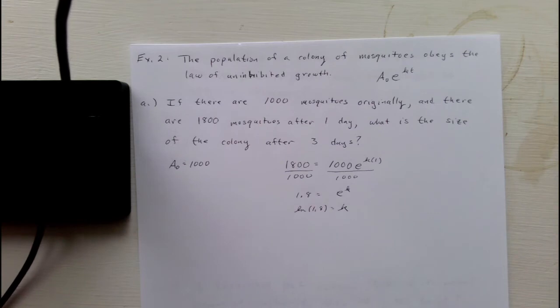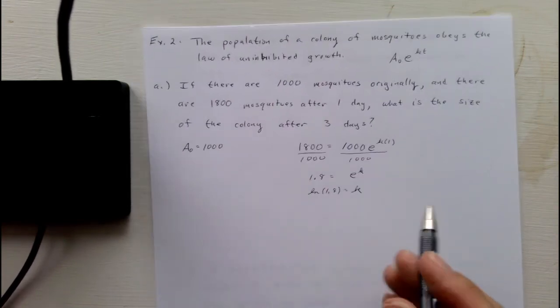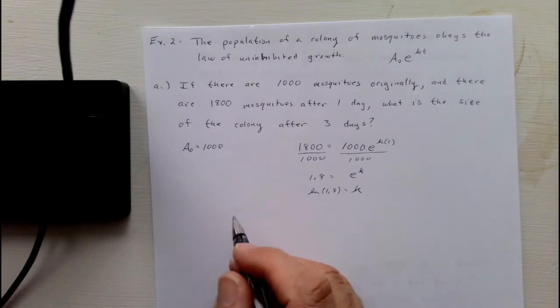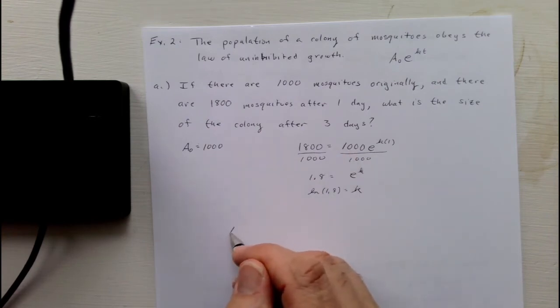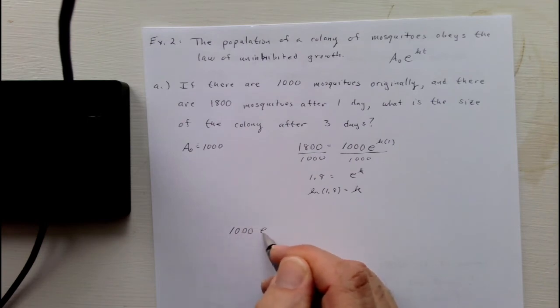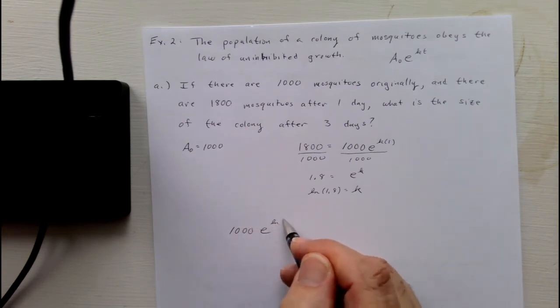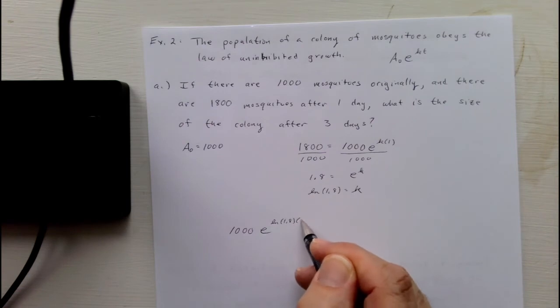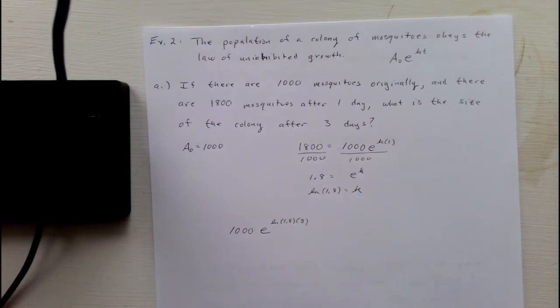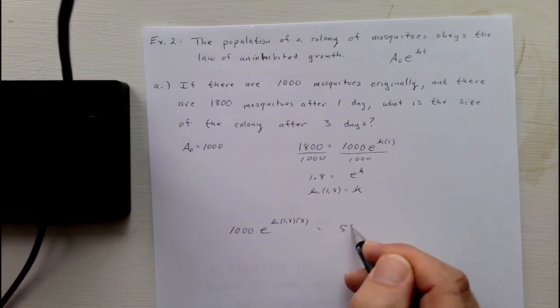Okay, so then the rest is easy. We just plug it in. We want to find what it is after 3 days. Well, it'll be 1,000 times e to the log of 1.8 times 3. Okay, and then this turns out to be, I believe, 5832.